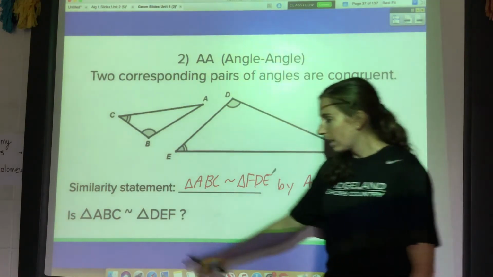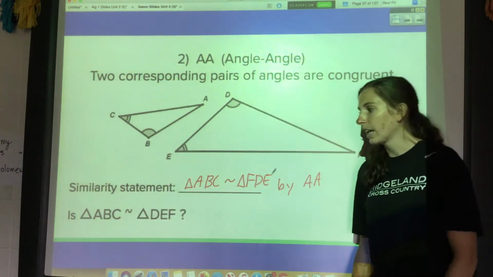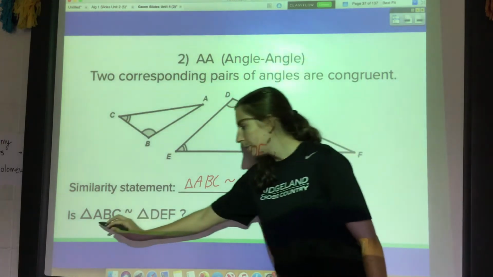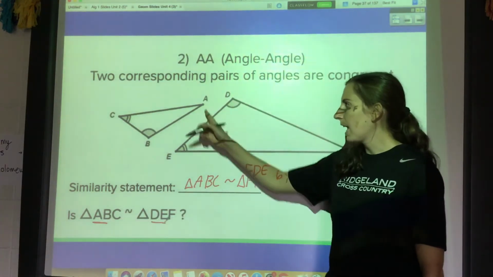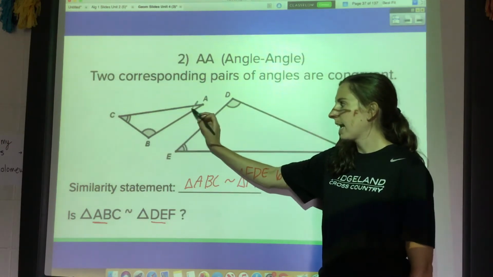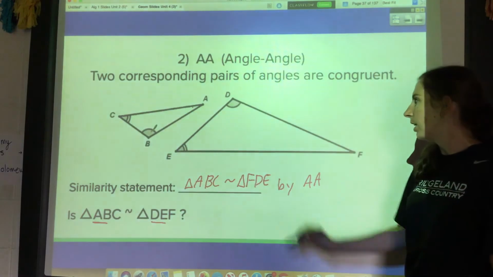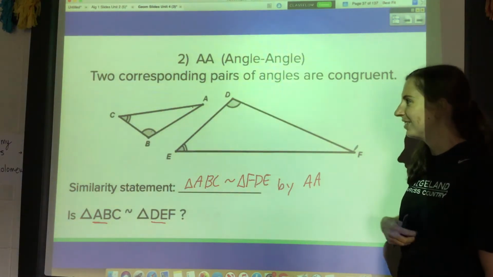So is triangle ABC similar to DEF? The answer in that case is no, because AB does not match DE. AB was a one mark, and DE was one mark. Oh, sorry, I lied to you. This is accurate.